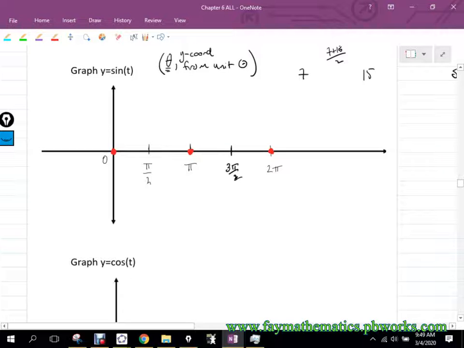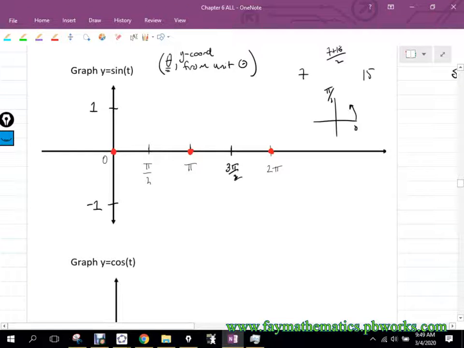So I put those 3 points in. Now my y-axis, because this is all happening inside the unit circle, will always go between 1 and -1.